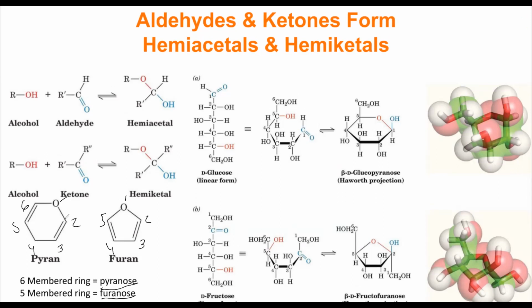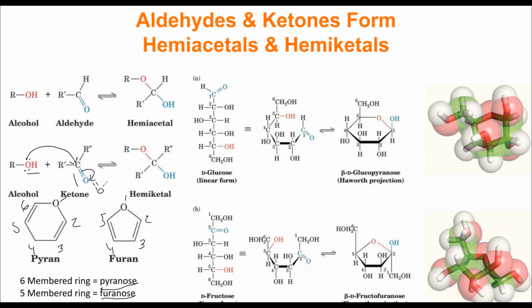Now, the reaction that goes from the linear form to the cyclic form is a reaction you should have seen in organic chemistry, where if you combine an alcohol and a ketone together, what happens, and bring back your electrons, you have your alcohol attack the carbonyl carbon, forcing this double bond to become a single bond.